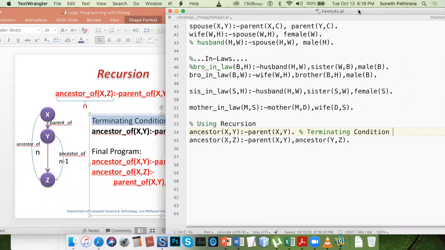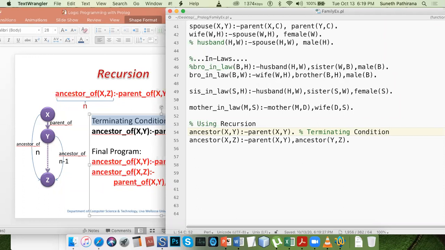Terminating condition means providing guidelines for the compiler on when to exit. In recursion, that is going deeper and deeper. It's kind of a repetitive or iterative thing, like a loop, though it's not actually a loop, it's going deeper. So we need to specify when to stop. That is the terminating condition.